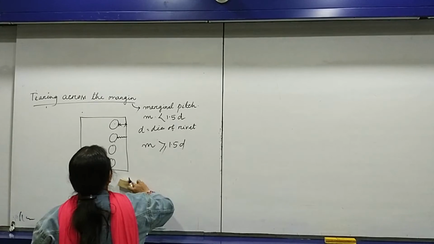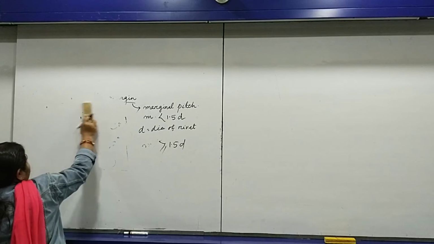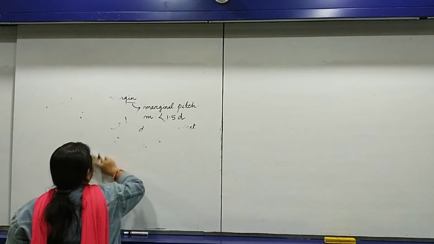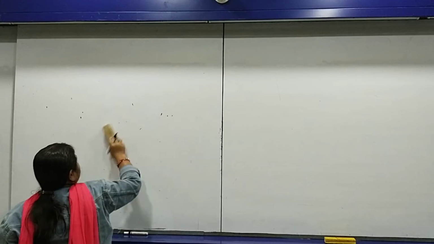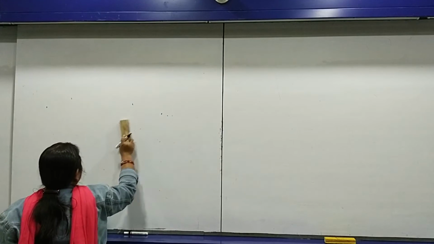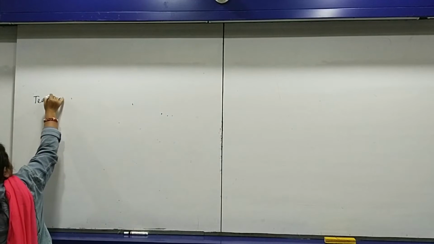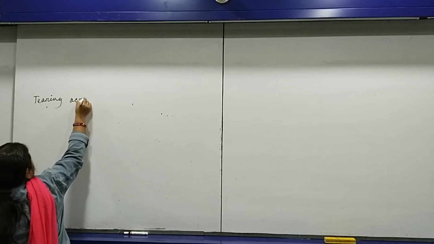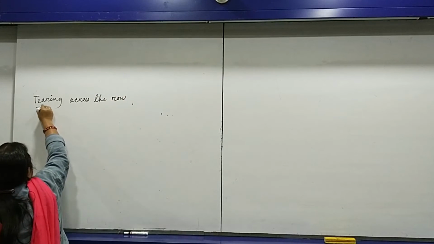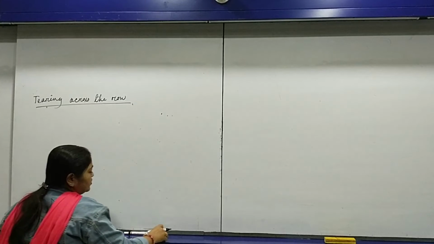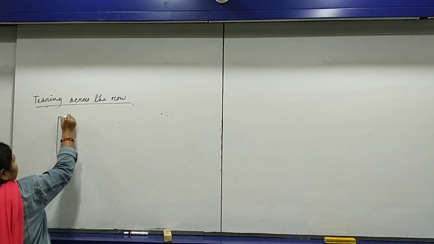Next we will study the second type of failure occurring in a riveted joint, which is tearing across the row. I am drawing a diagram.